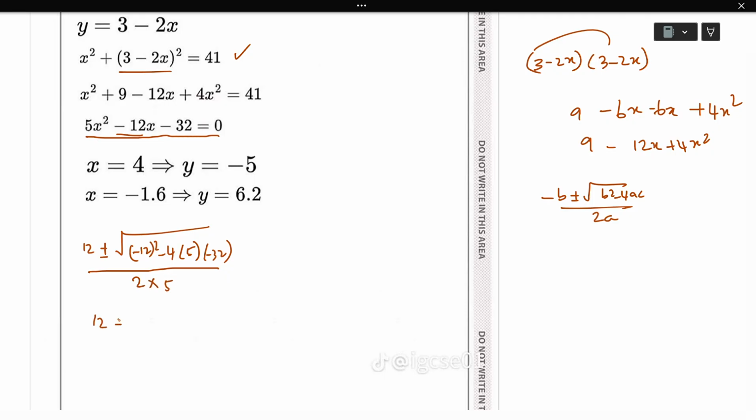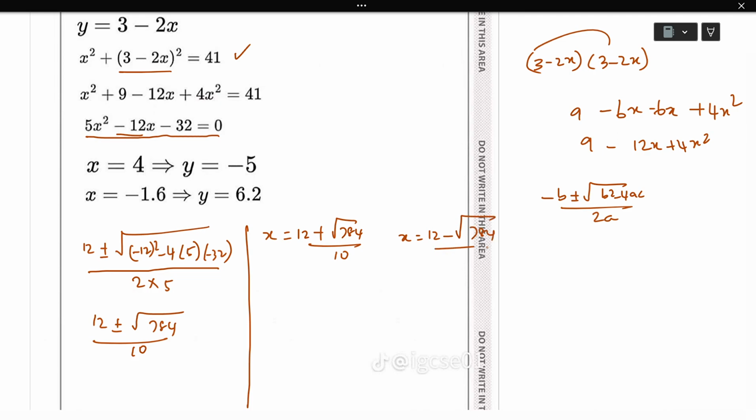So what will you get? 12 plus or minus square root of 784 over 10. So we are going to get two answers: x equal to 12 plus square root of 784 over 10, and another x equal to 12 minus square root of 784 over 10.